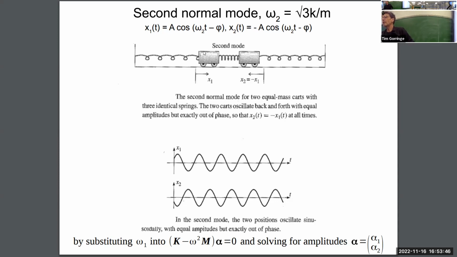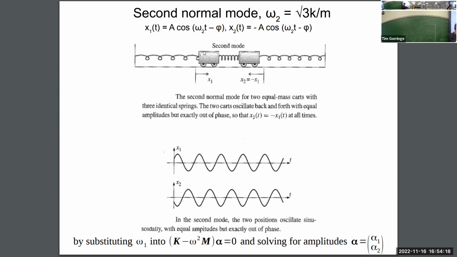Okay, so the other mode. Again, imagine I've got these two masses with the three springs: the spring here, the spring over here, and the spring over here. The other normal mode where you see sinusoidal oscillations is if I displace the two masses by the same amount, but I push them together, or I could displace them by pulling them apart.